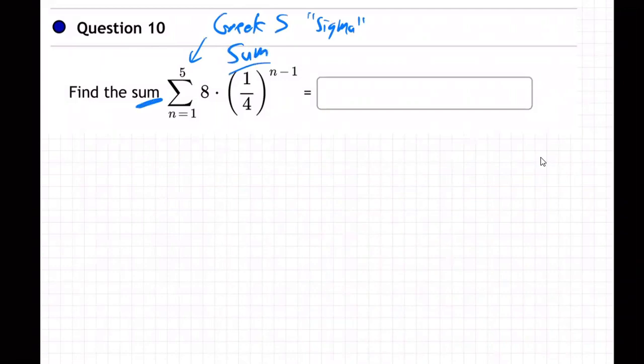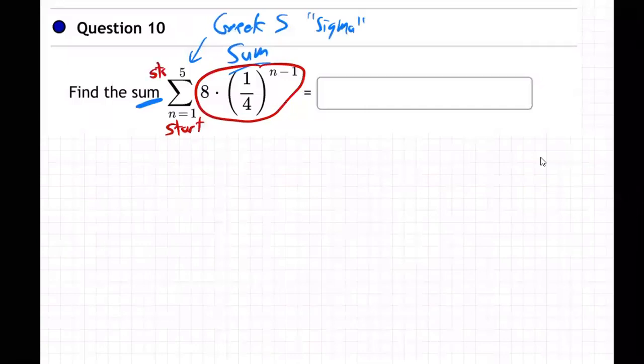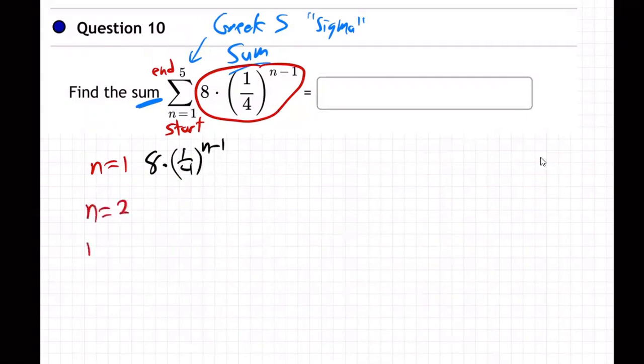So that means you take the formula here and you start at n equals 1. You go up by 1 every time and you stop at 5. So I take this formula, I plug in n equals 1 to the formula 8 times 1/4 to the n minus 1. And then I plug in n equals 2, and n equals 3, and n equals 4, and n equals 5, and then I add them up.